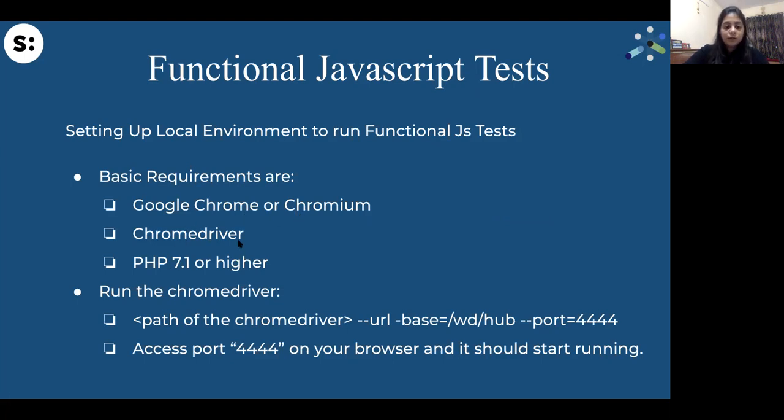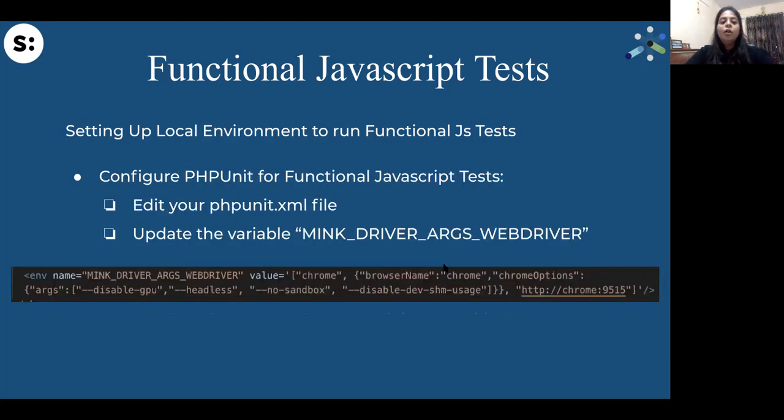There should be a Chrome driver, and PHP 7.1 or higher is required. Also, you have to install the Chrome driver properly, and you have to access port 4444, which the Chrome driver uses by default, and it should start running. This has to be done before writing the tests.